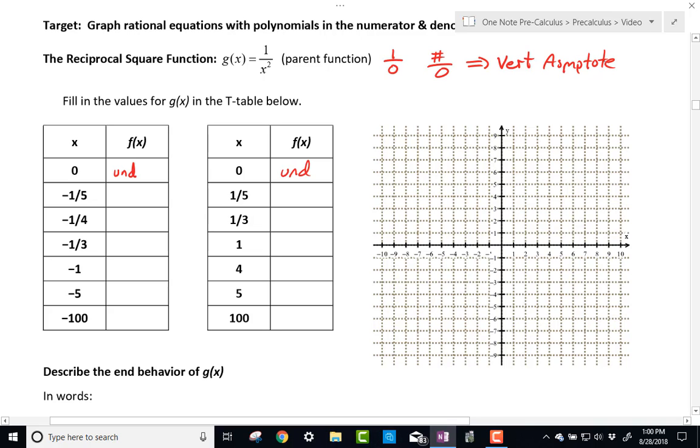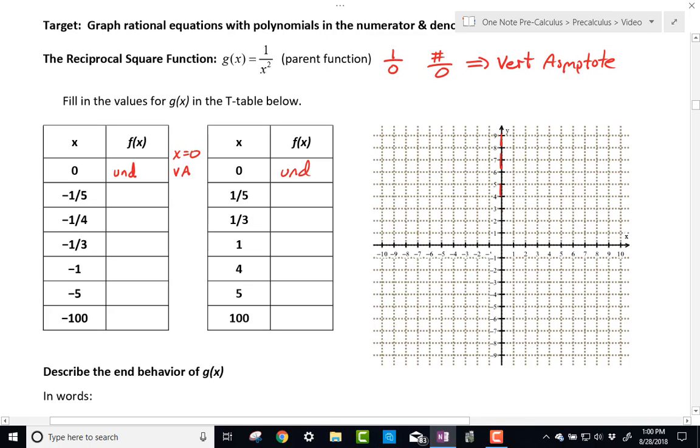Any number over 0 that's not 0, so negative 3, negative 4, positive 10 over 0 implies vertical asymptote. So as soon as I plug in 0 and I get undefined, I know that this is a vertical asymptote, x equals 0.